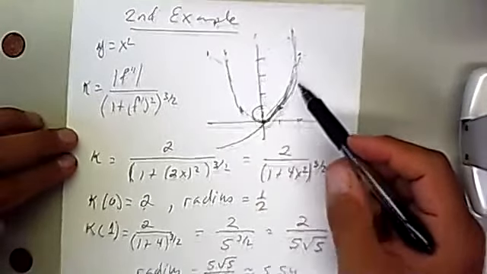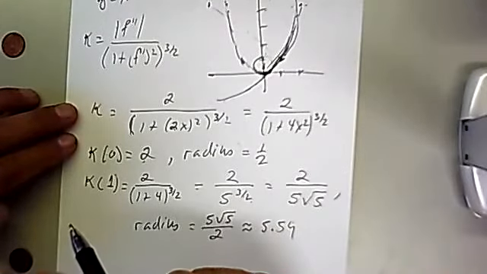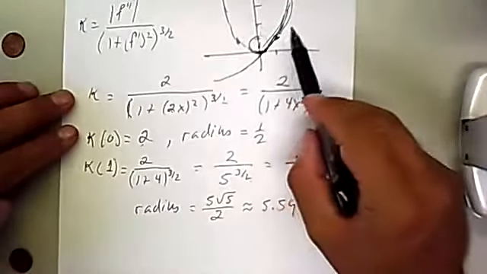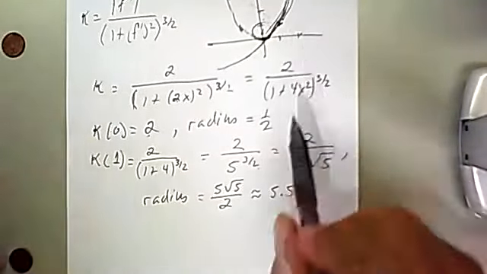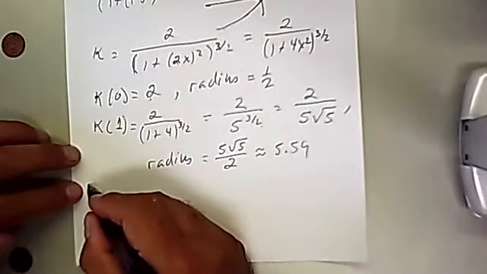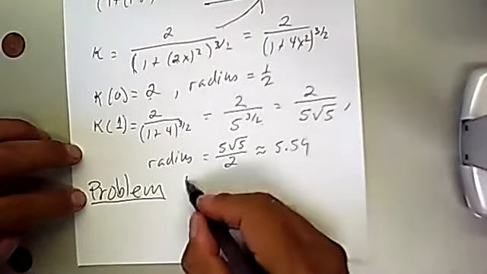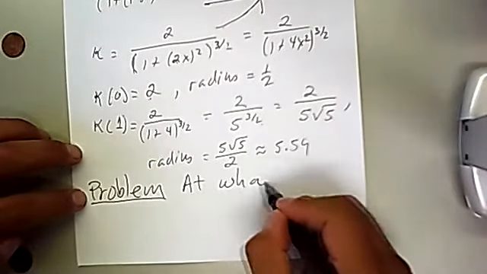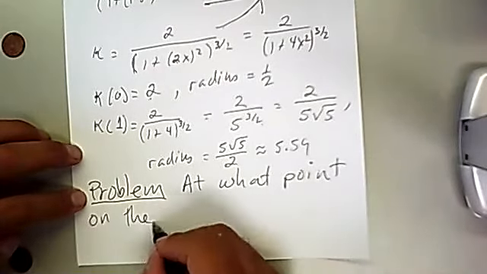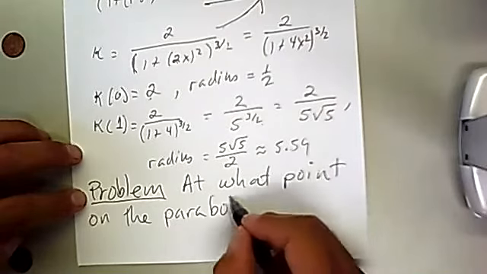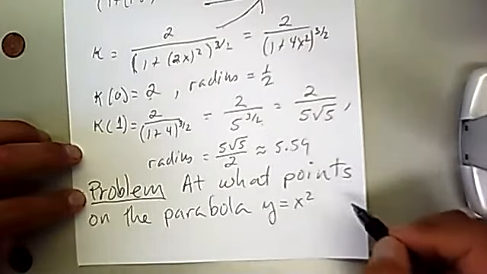So a question just occurred to me. At what point on the parabola is the curvature going to be 1? So, problem. At what point on the parabola y equals x squared, actually points, there's going to be 2 of them.